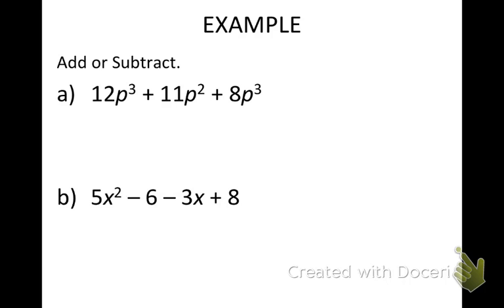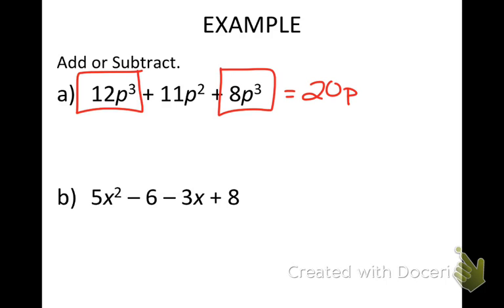Yeah, so notice I have 12p to the third, and at the end I have 8p to the third. If I combine 12p to the third plus 8p to the third, be careful, because people make that mistake: 20p to the ninth? Nope. It stays the third.